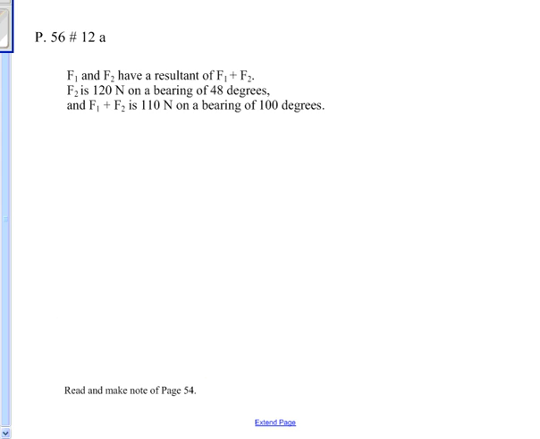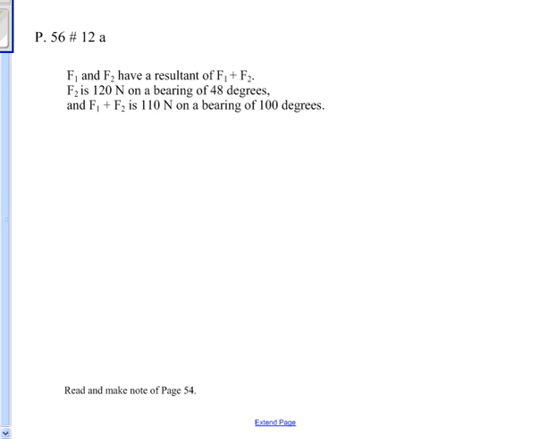Let's do a question together that's out of your workbook, page 5612A. We have been given some forces. Force 1 and force 2 has a resultant of F1 plus F2, where F2 is 120 newtons on a bearing of 48 degrees. And F1 plus F2, the resultant, is 110 newtons on a bearing of 100 degrees.